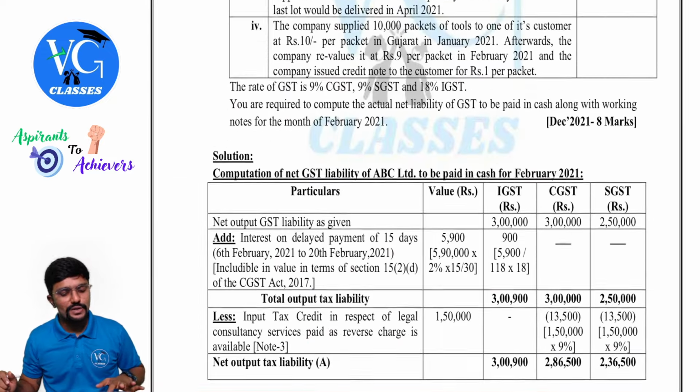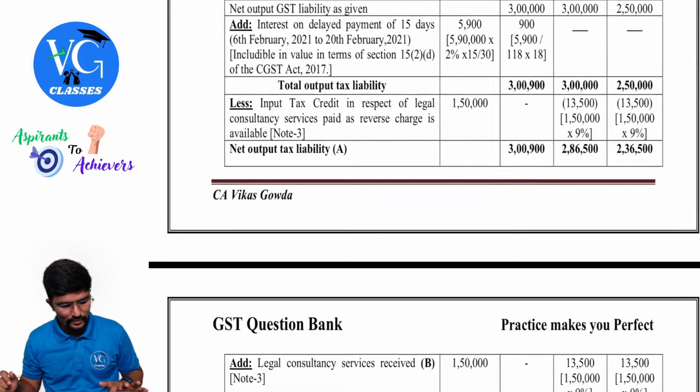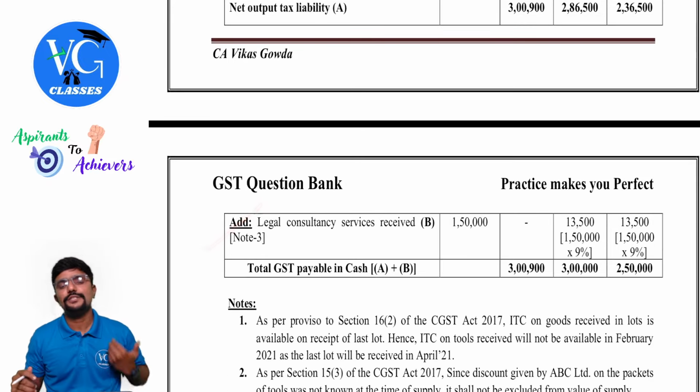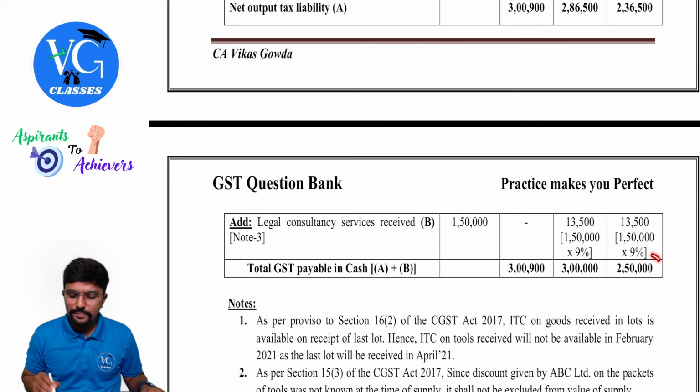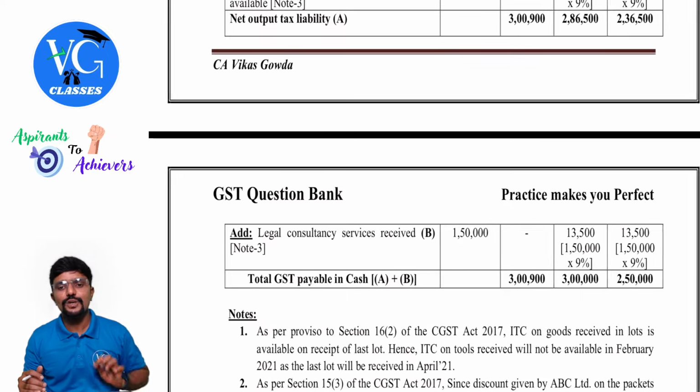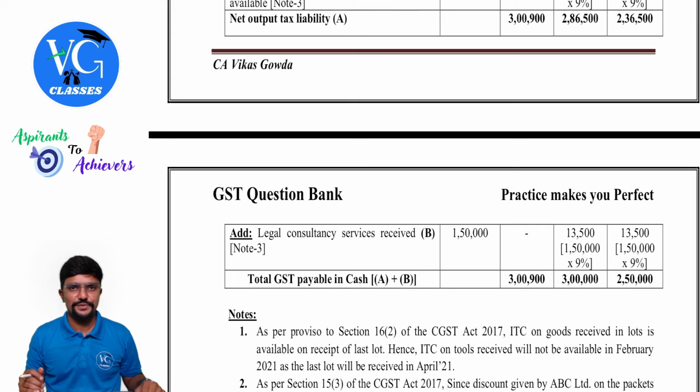So first claim the credit, then add it, as you have to pay it through the cash ledger. Clear? So the amount to be paid through the cash ledger is 3 lakh 900 IGST, 3 lakh CGST, and 2 lakh 50 SGST, guys. Clear? Yes, sir.